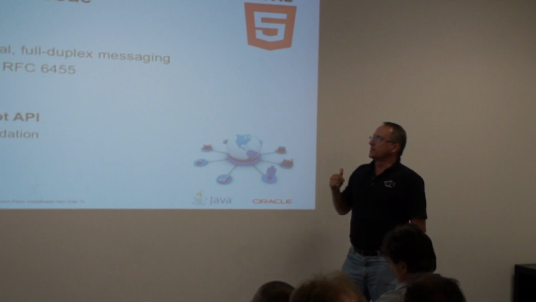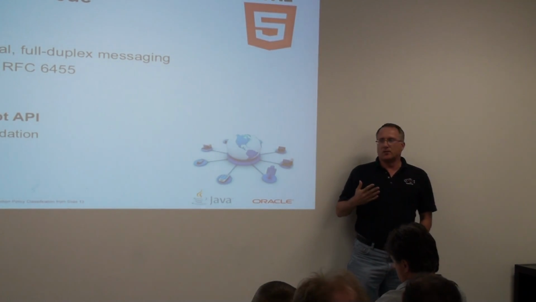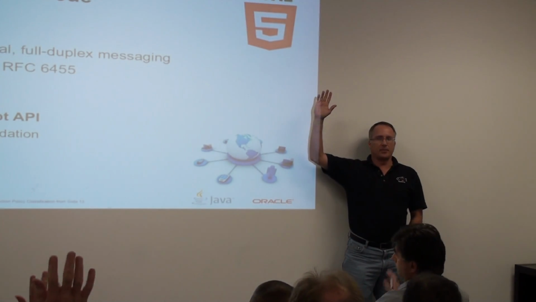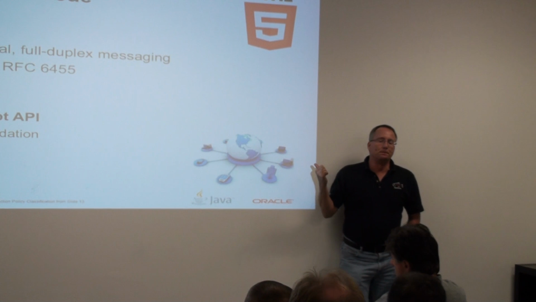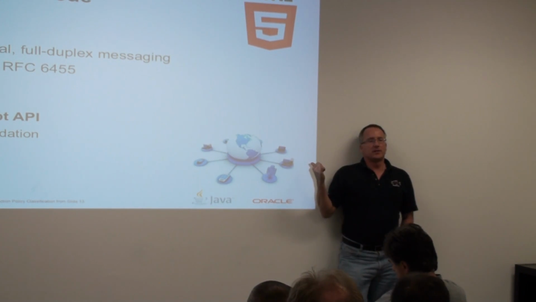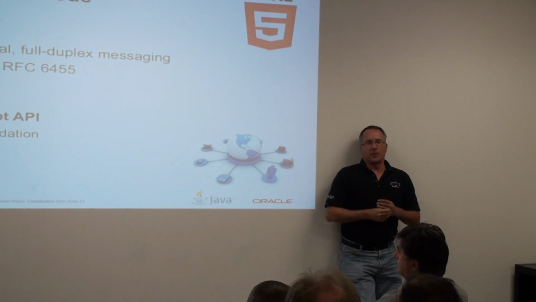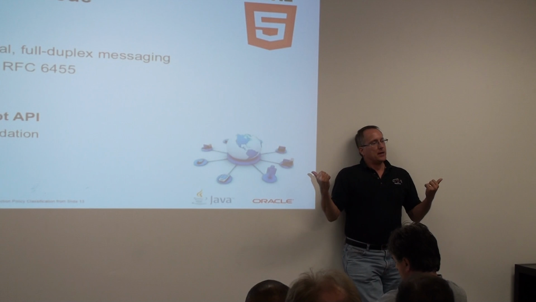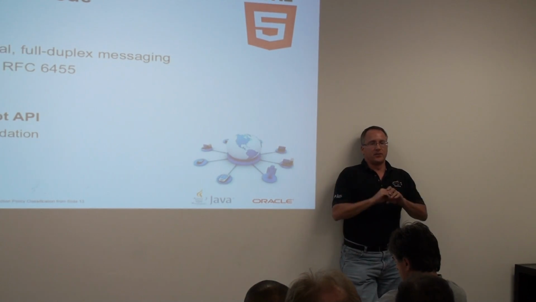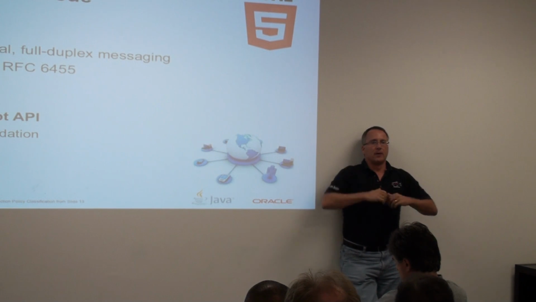So WebSockets, well, has anyone here actually done socket-based programming using the socket API? Oh, actually, good chunk. So this will be very intuitive in a lot of ways. If you take a look at developing sockets, a client makes a request to the server, and you've got this very low-level connection, and of course HTTP layers on top of that, right?